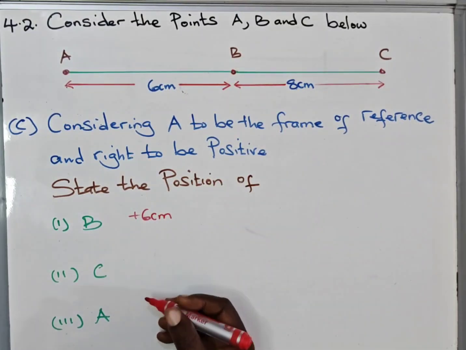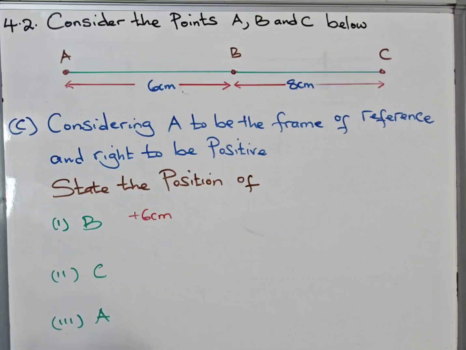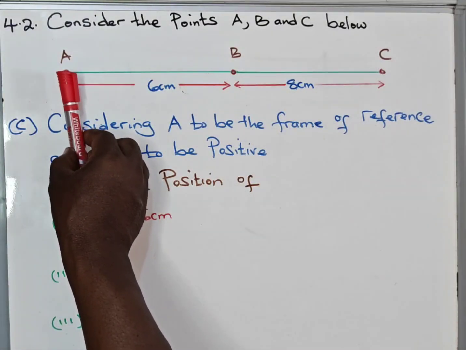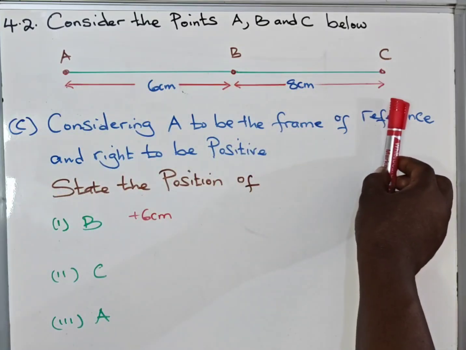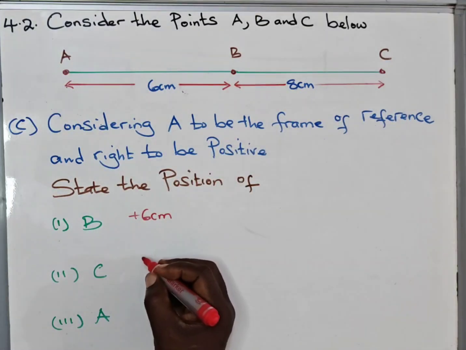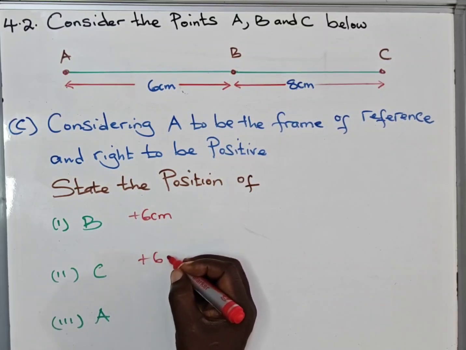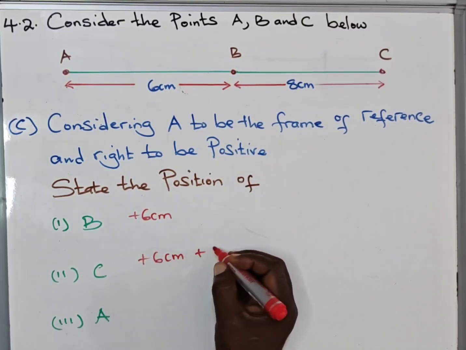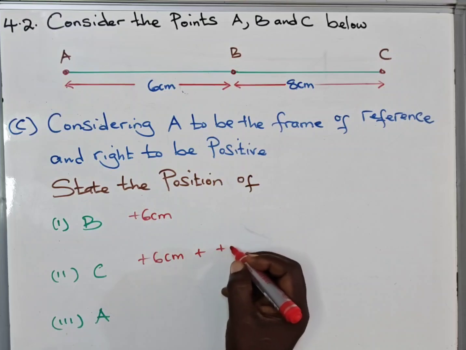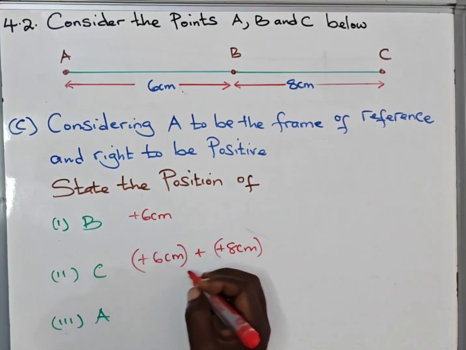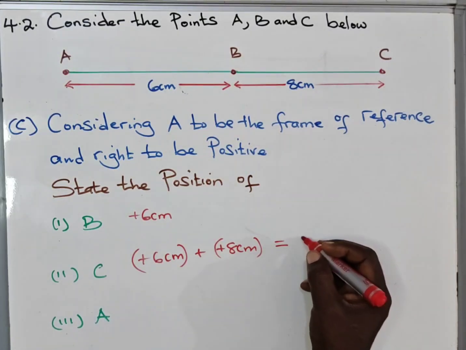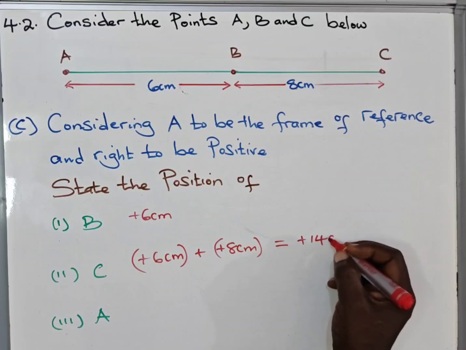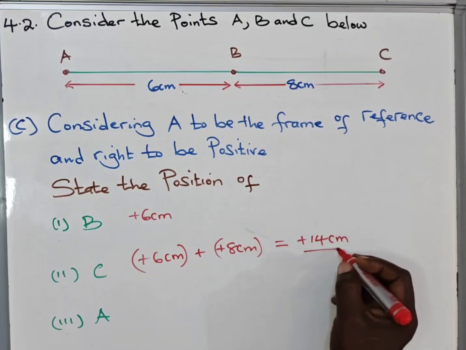Then C. Remember, we are using A as our frame of reference. What is the position of C? It's going to be positive 6 centimeter plus positive 8 centimeters, giving you positive 14 centimeters.